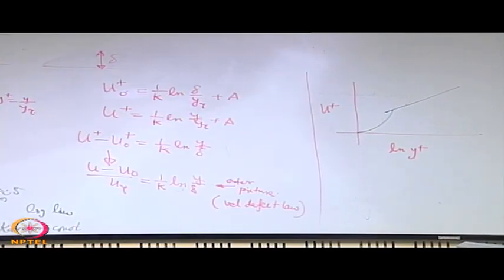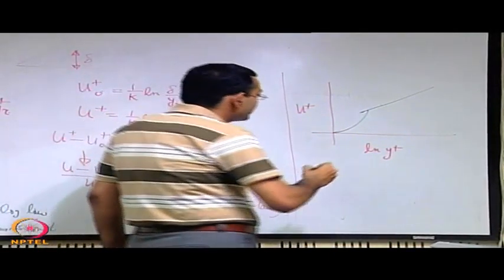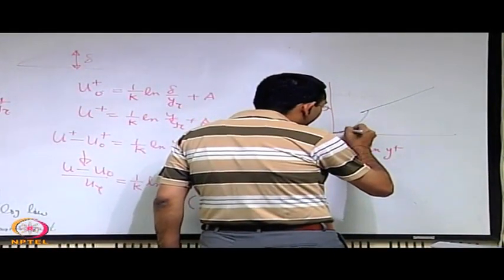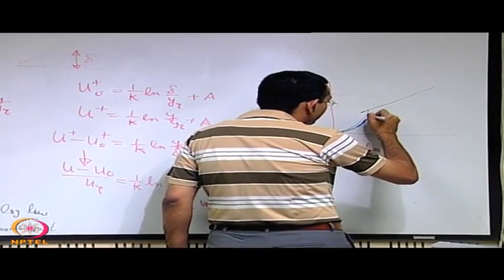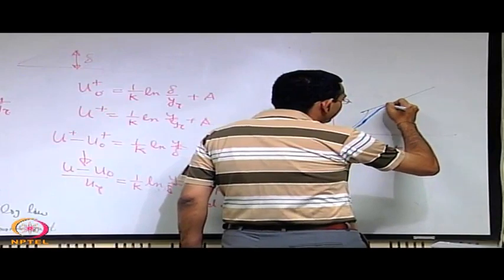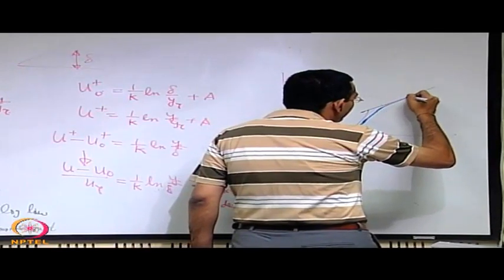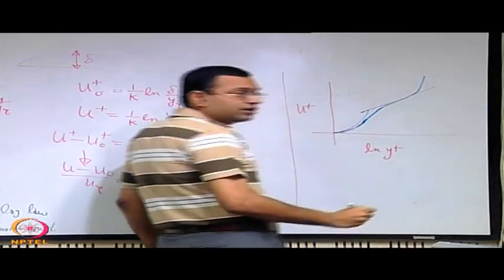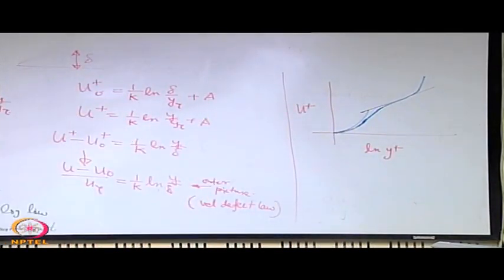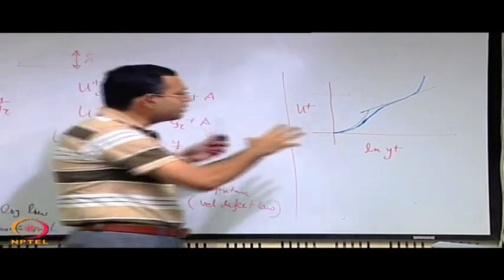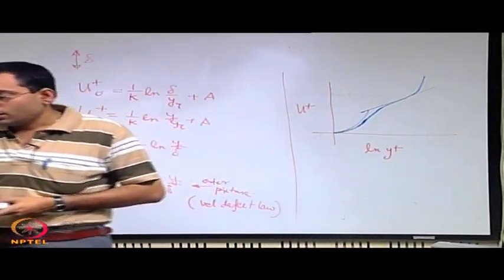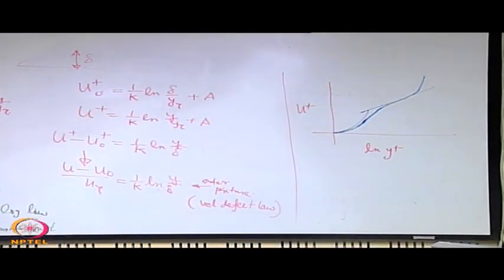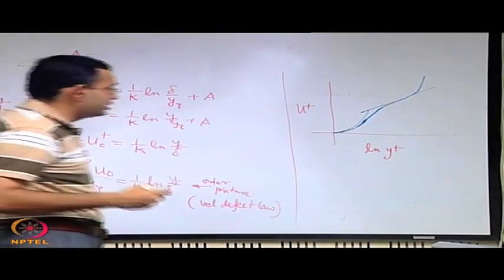Now, what is the experimental picture that we usually get? The experimental picture is that very close to the wall it almost satisfies it, then maybe it undergoes a deviation, then it almost satisfies the log law and then it starts deviating again. The blue line is the experimental picture, and you see that qualitatively, of course quantitatively there will be deviations, it is not so much deviating from what has been derived from a very simplistic theoretical conjecture.